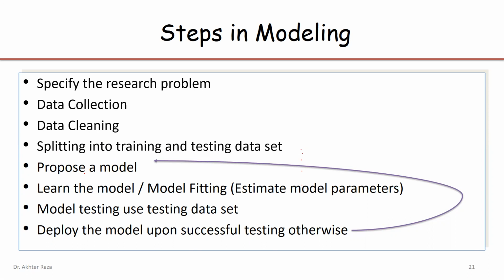The model proposal. Suppose I was using the linear model, but the linear model gives a poor estimate. Then we have to choose another model, like a quadratic model, a cubic model or an exponential model, and then refit the model and test it again. So this is an iterative procedure, and we follow these steps until we have accurate predictions. So these are the steps in modeling, and in linear regression, we have to follow these steps.